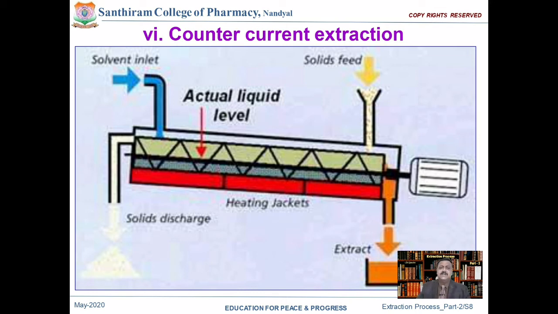So in this you have to look into the diagram or picture that I have given and check what all the picture represents. The equipment or the extractor for this countercurrent extraction process involves different parts.